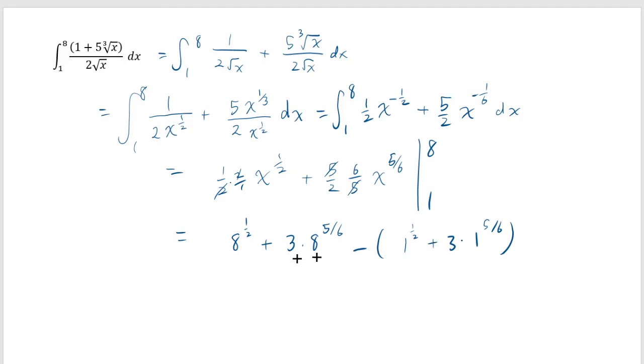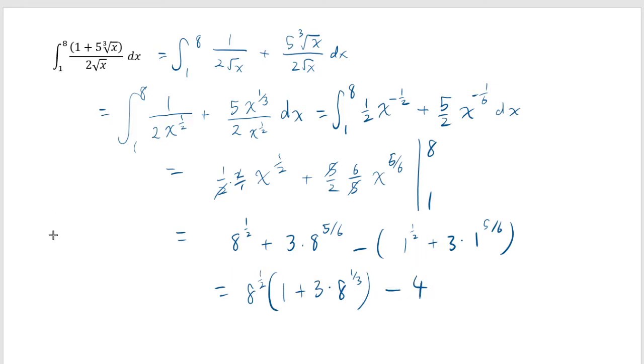That's just 1. So at this point, you can just use your calculator to find the exact value. But if you really want, you can rewrite this as 8 to the 1/2 power times 1 plus 3 times 8 to the 1/3 power, because 1/3 plus 1/2 is 5/6, minus 4.